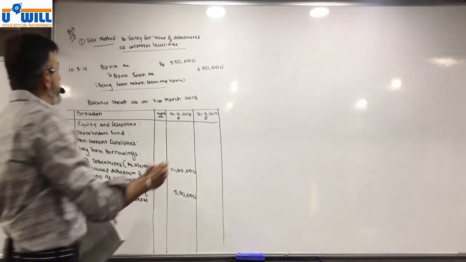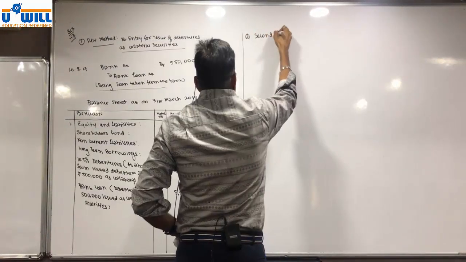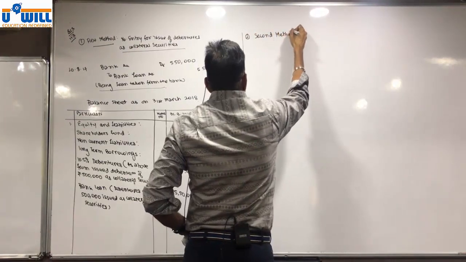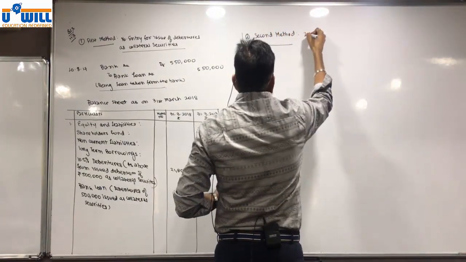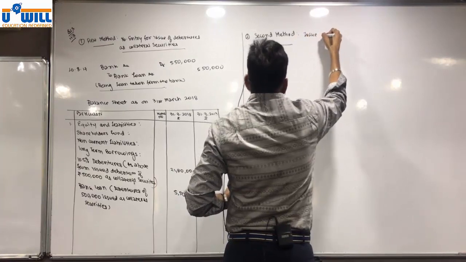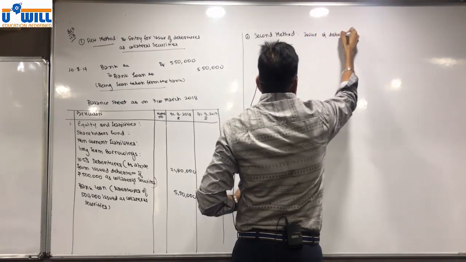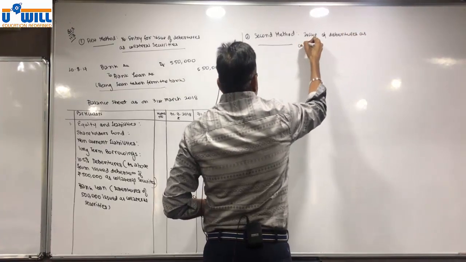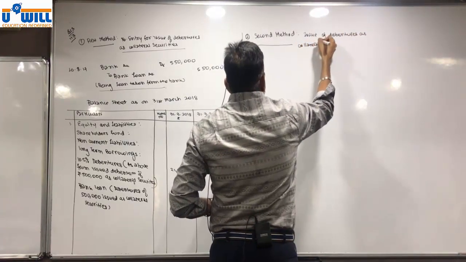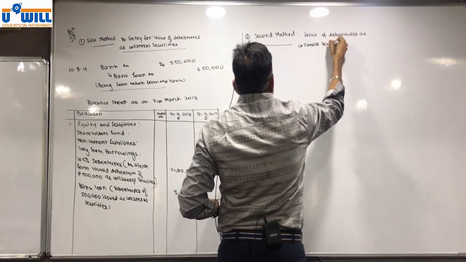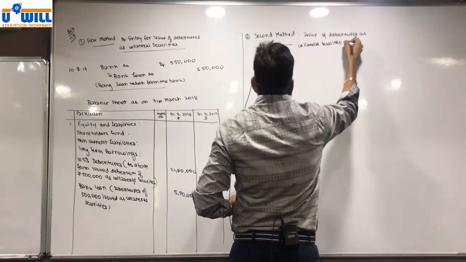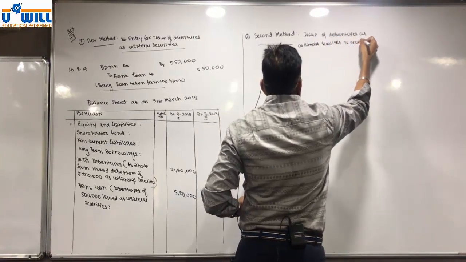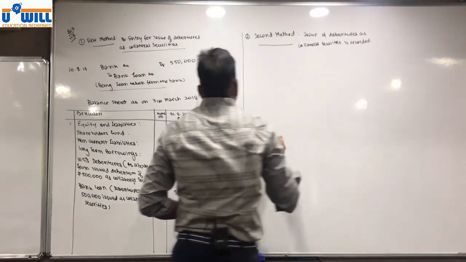Now we go to the second method. Issue of debentures as collateral securities is recorded. Okay.